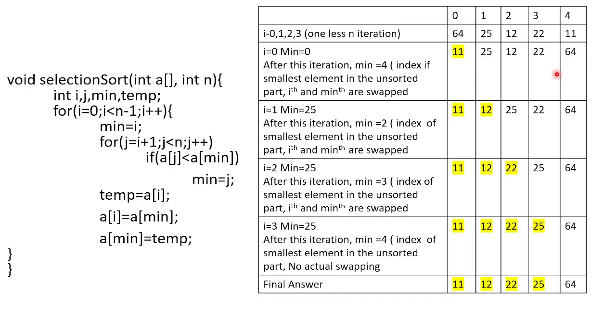After the completion of the first iteration, the highlighted number becomes a part of the sorted portion and the remaining stays in the unsorted portion. Again you proceed. Now you start with the second element, I equal to 1.